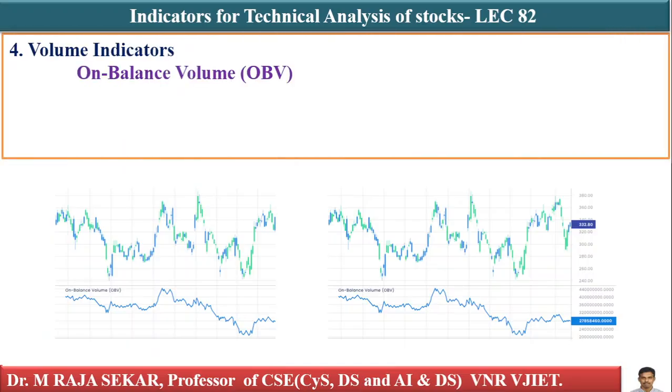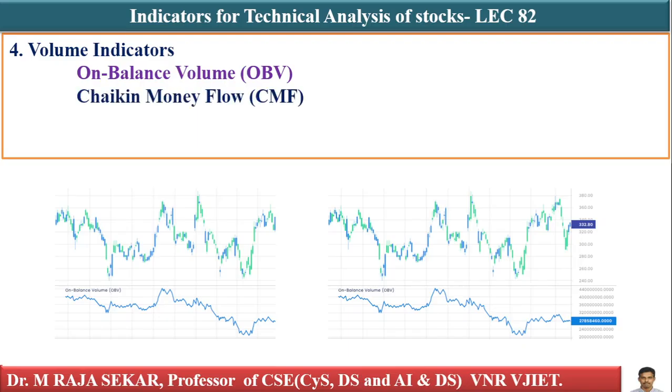There is something like volume indicators. These track trading volume to confirm price trends or reversals, and show the strength behind price movements based on trading volume. First one is OBV, on balance volume. It tracks volume flow to predict price trends.